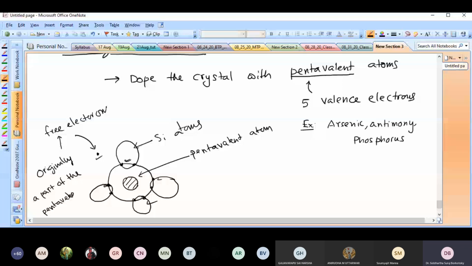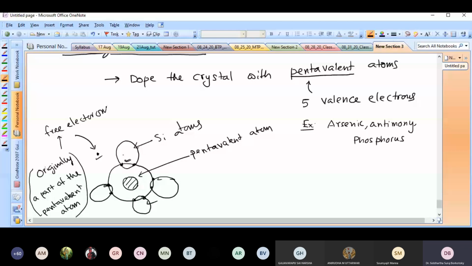The pentavalent atom gets 4 other electrons from 4 silicon atoms, and that way it makes up 8 valence electrons. But there is 1 extra electron, because it originally had 5 valence electrons. That 5th valence electron becomes a free electron.